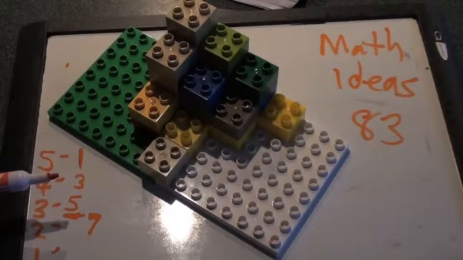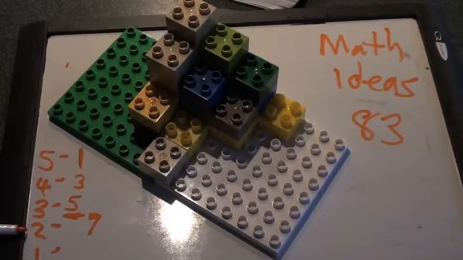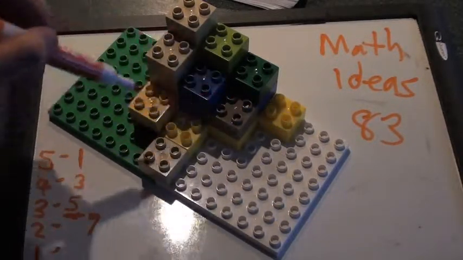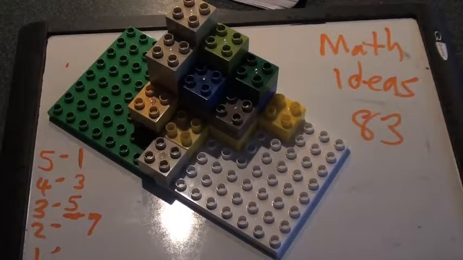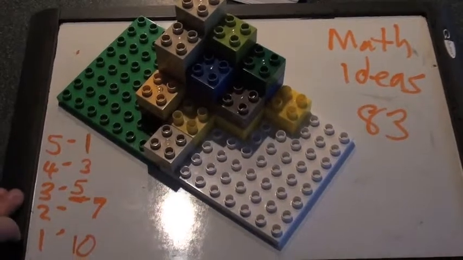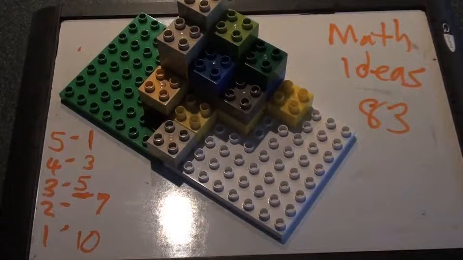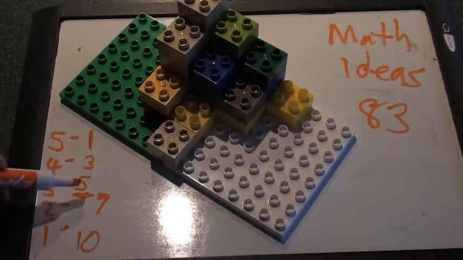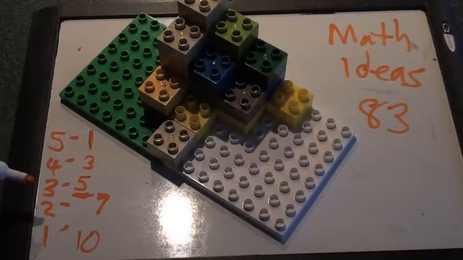How many were on the previous layer? How many were on layer 2? Oh, 7. So there's 3 new ones we can see, plus 7 on the previous layer. 3 plus 7 is 10. There we go. Okay, so we have to add 1 plus 3 plus 5 plus 7 plus 10, and that's how many blocks we should have.